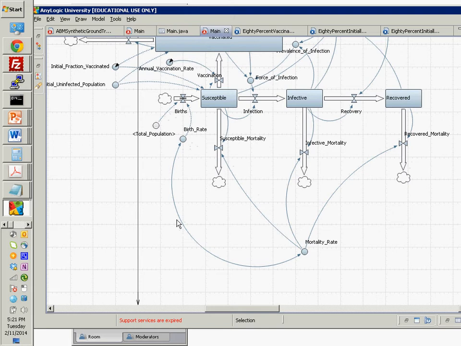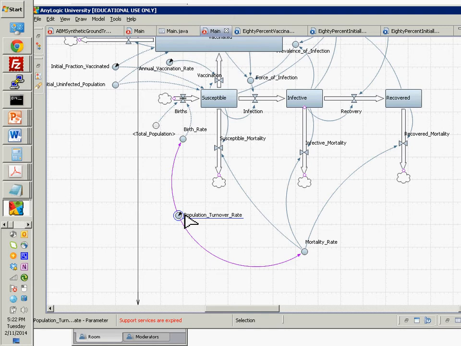Now those two could vary independently, but for now they're both set to the population turnover rate. I don't have to change an equation. All I have to do is specify a separate mortality rate and birth rate, and I'm done. I don't have to go change the equations across the model or remember where it's used. Does that make sense? Okay.